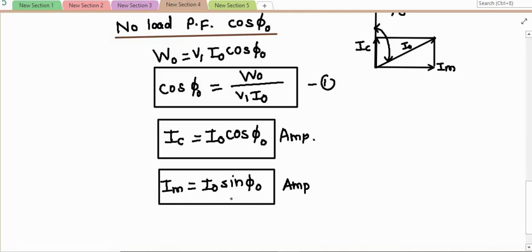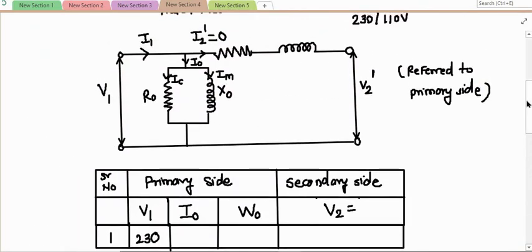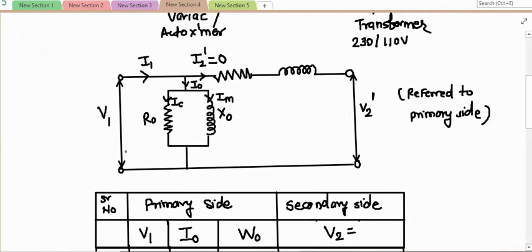Hence, referring to the equivalent circuit which I have drawn above, referred to the primary side, what is my R0? From this figure, what is the voltage across R0? V1, right? So V1 divided by Ic. How have I calculated Ic? Ic is nothing but I0 cos of phi 0.